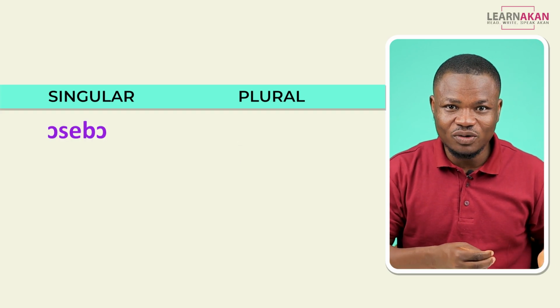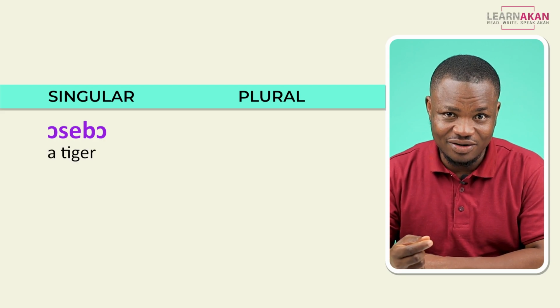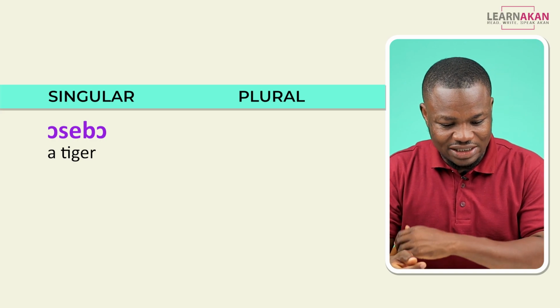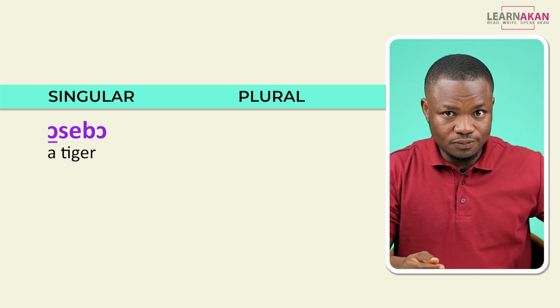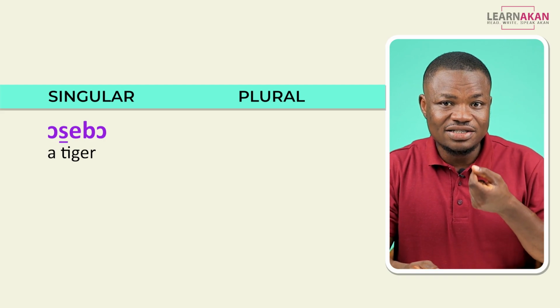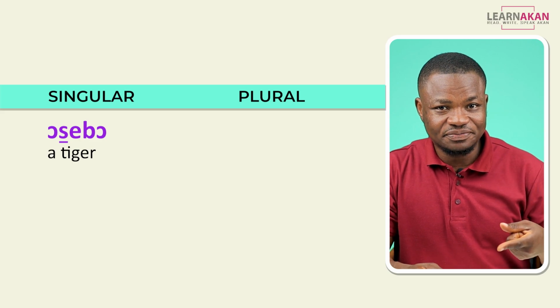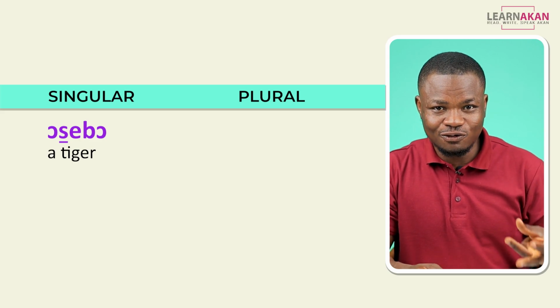One more example. We have osibo, and osibo is a tiger, right? As you can see, this starts with a vowel o. So we disregard that and consider the first consonant s, which is neither b, p, nor f.